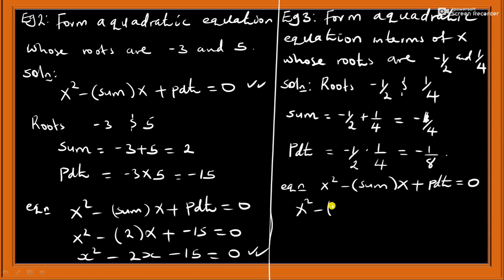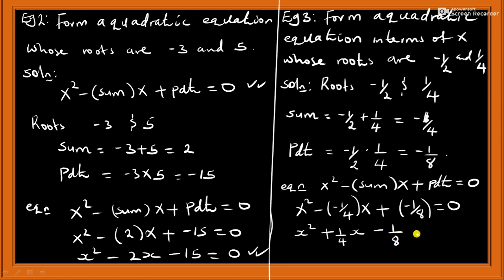Our sum is 1 out of 4, times x plus our product, which is negative 1 out of 8, should be equal to 0. So eventually you'll have x squared plus 1 over 4 x minus 1 over 8 equals 0.